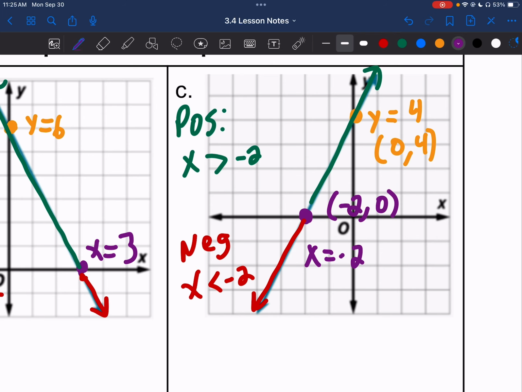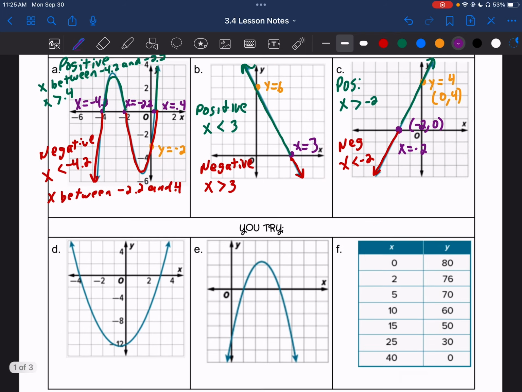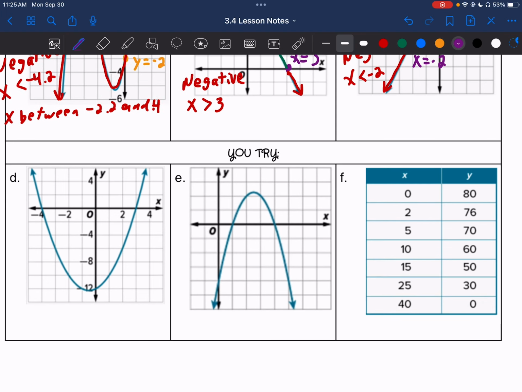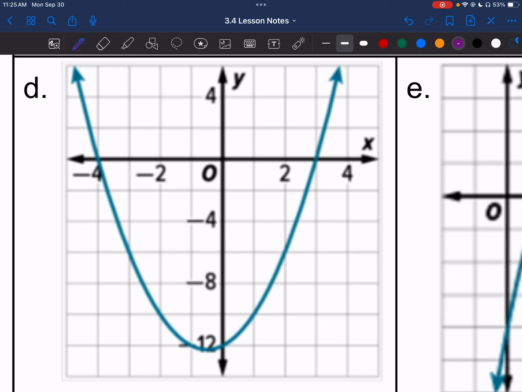All right, so there are 3 you-try problems. One of them is a table, and I want you to try that one on your own. If we look at letter D, we have x-intercepts at -4 and 3, and a y-intercept at -12.